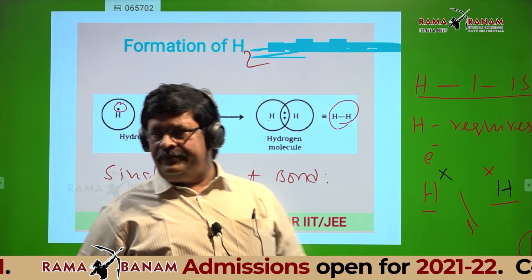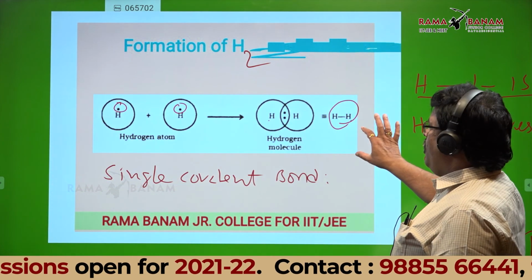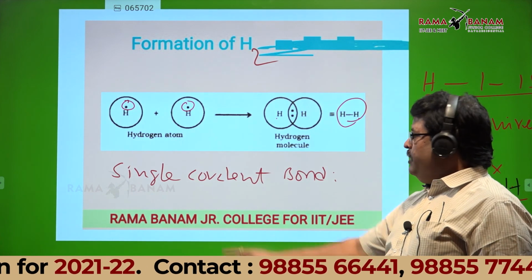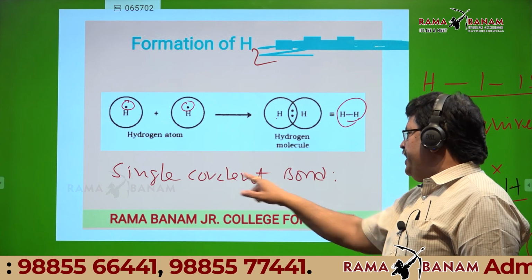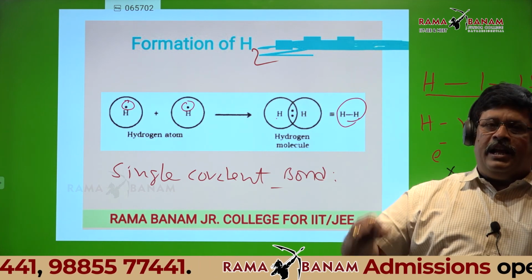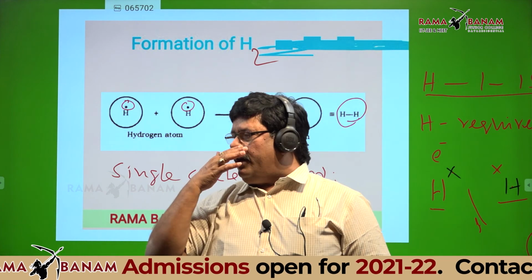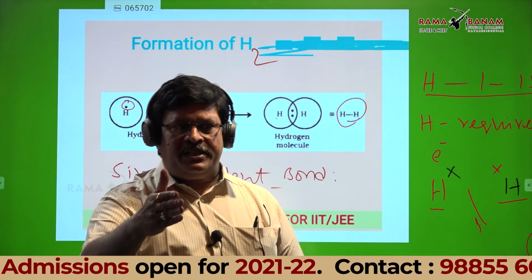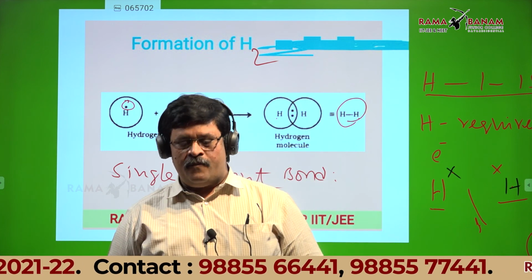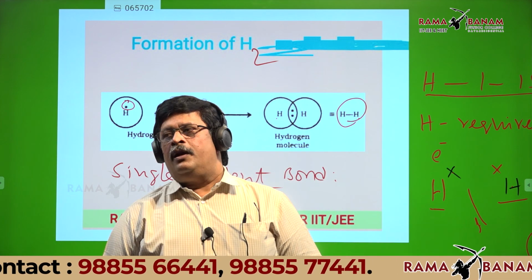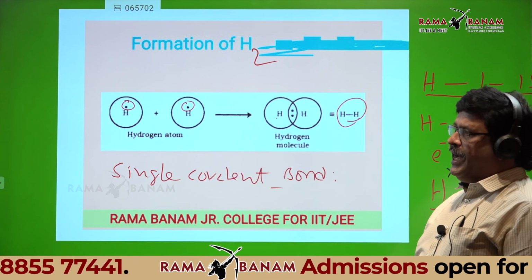Is it okay? So the hydrogen molecule is an example of a non-polar covalent molecule having a single covalent bond. In that, equal sharing takes place. The bonded pair of electrons is exactly at the center of the two bonded atoms. Okay, students? Yes, sir. Can I continue? Can I go to the next slide?